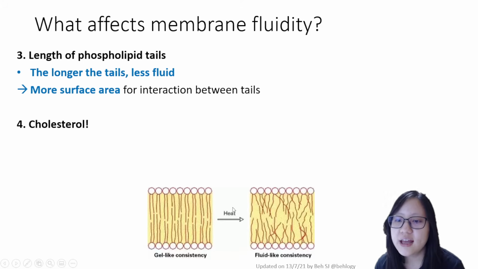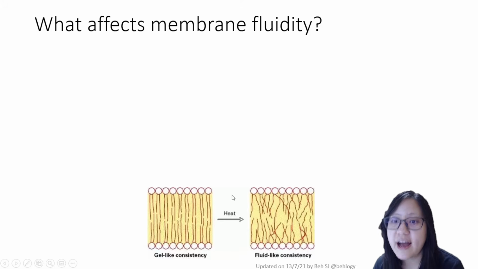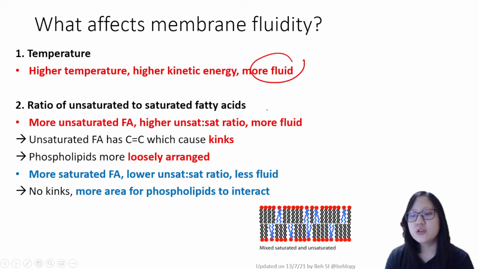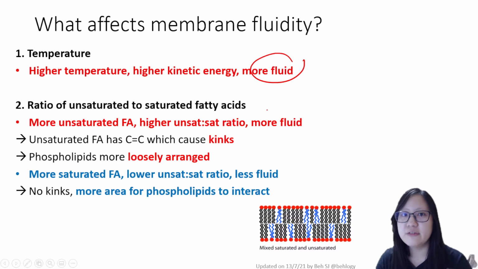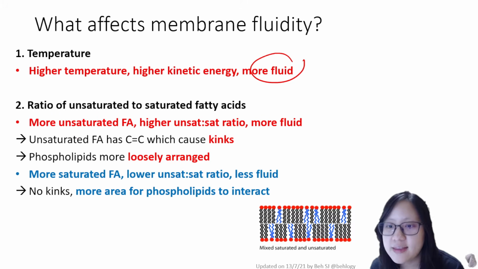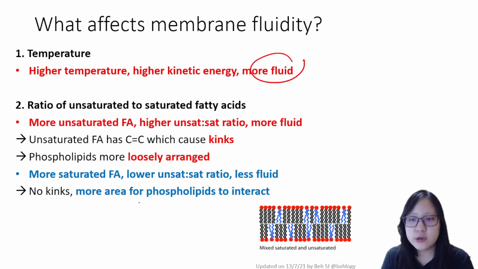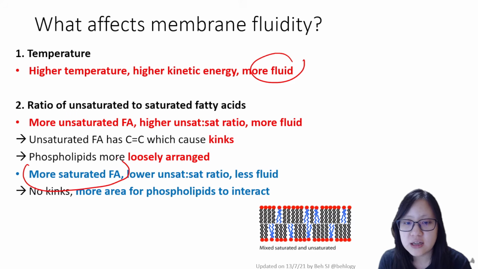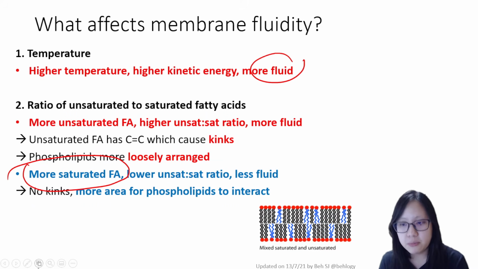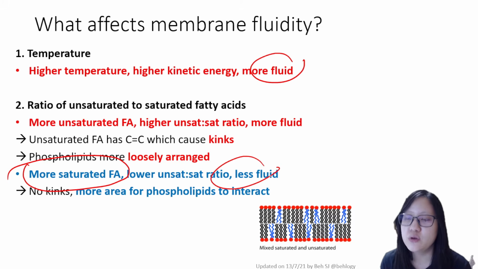Okay, so again, if we have high temperature, it will be more fluid, correct? So the cell would want to strive to lower the fluidity because it's too fluid now. It's not optimal for the cell to function. So at higher temperature, they will most likely increase the number of saturated fatty acids in the membrane to make it less fluid.